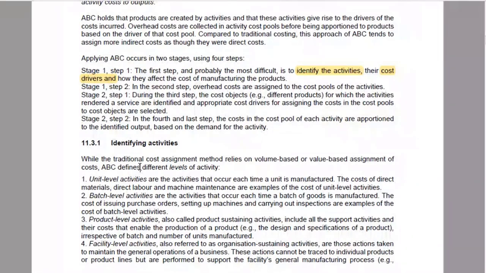So the activity would be, say, quality inspection, and your cost driver would be the number of inspections. Then step 2, what are the overheads that you need to assign to this activity? What is the quality inspection cost? It's that 80,000 that we spoke about. And then step 3, you need to know where you are supposed to assign this cost that you just identified.